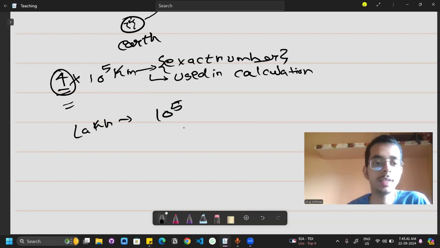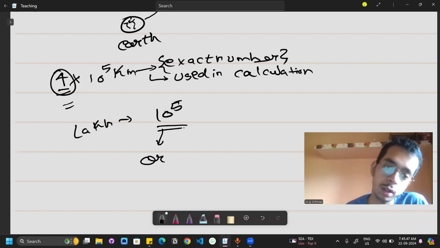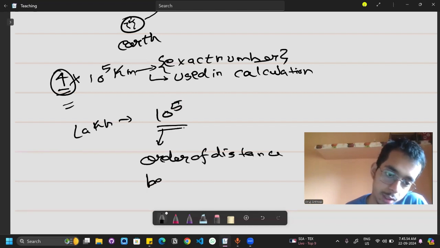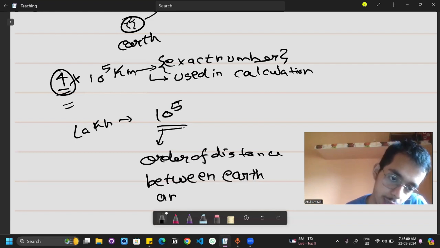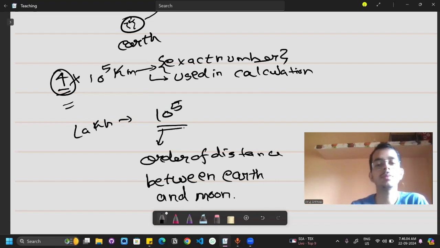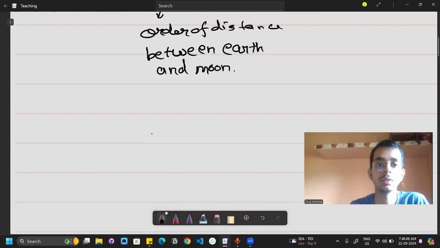So in the scientific sense, this 10 to the power 5 is the order of the distance between Earth and Moon. This is the order.